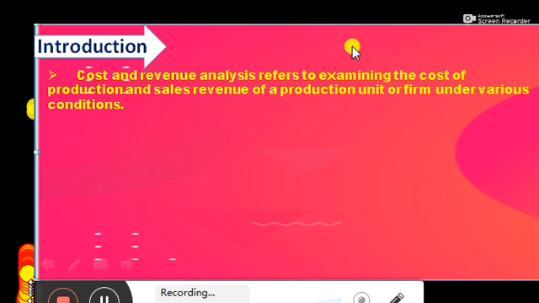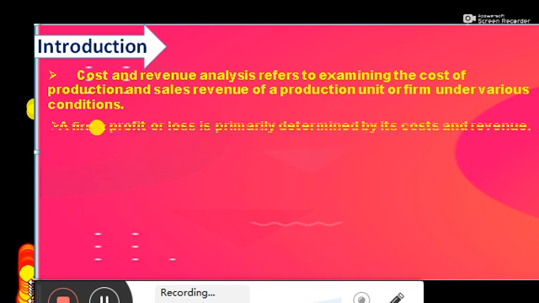You may say cost of the production unit of a firm under various conditions, because there are different types of markets existing in practice. So the cost of production differs with the scale of production as well as the nature of the market, the things they are producing, everything. Okay.